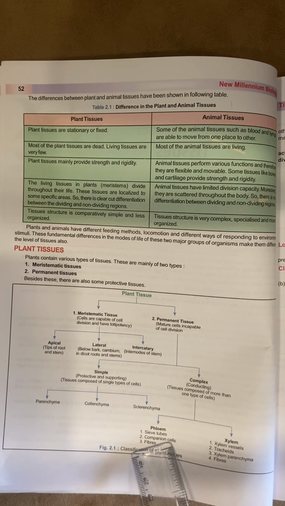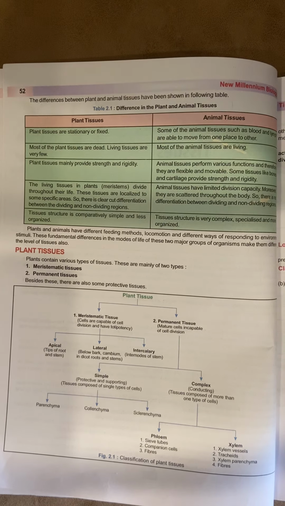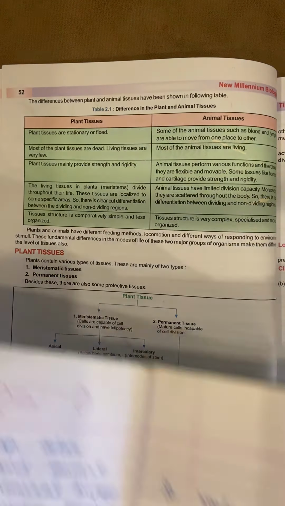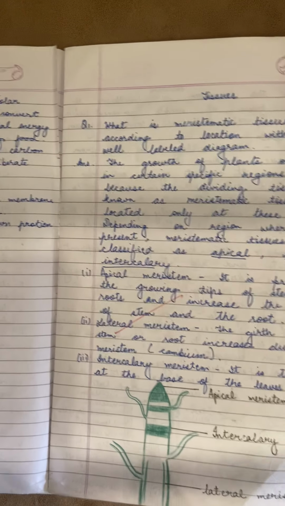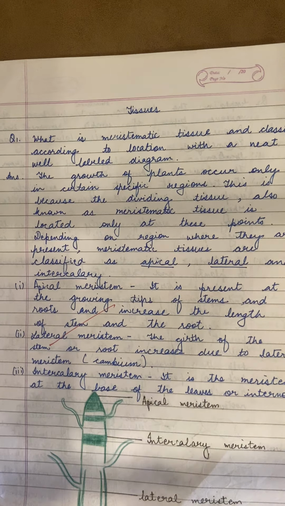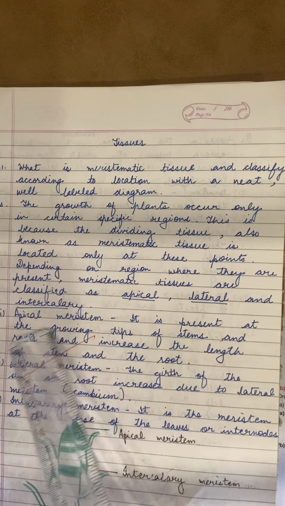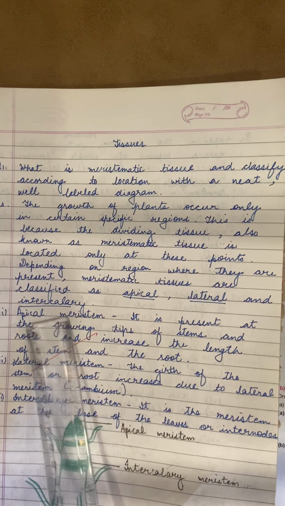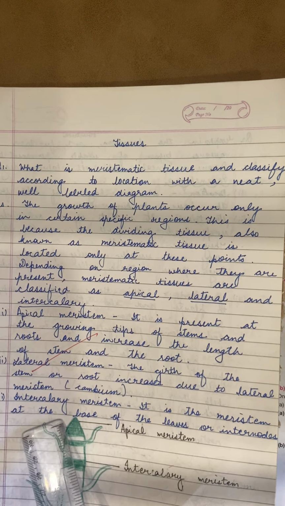Now, depending upon the place where the meristematic tissue is present, we have three types of meristematic tissue, and they are the apical meristem, the lateral meristem, and the intercalary meristem.